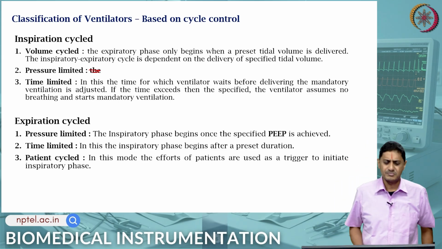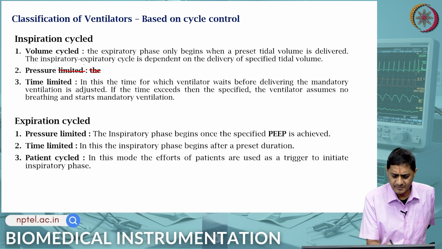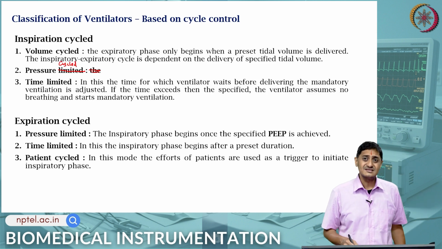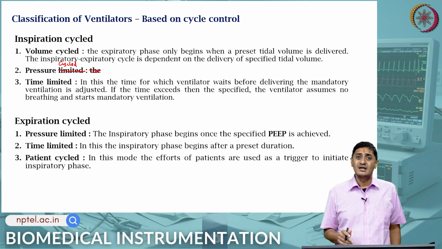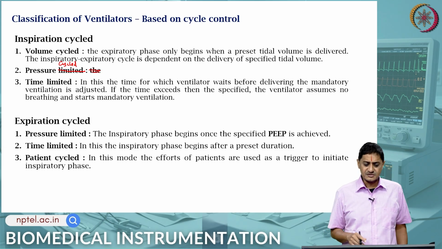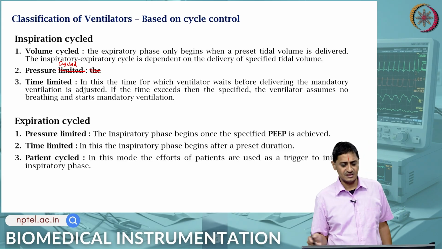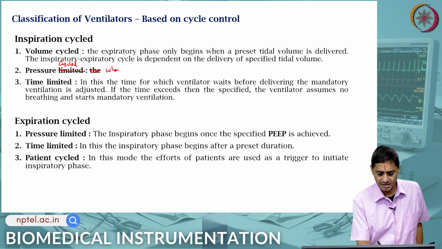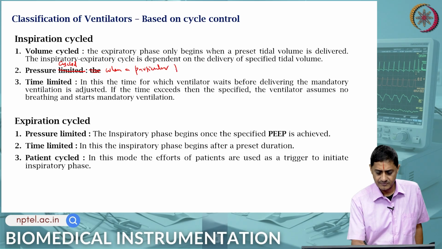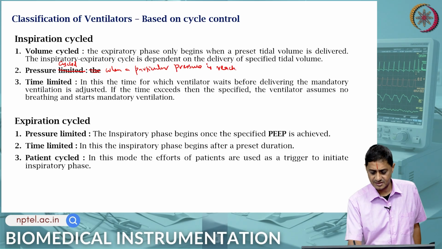The second is pressure, not limited, but rather pressure cycled, right. This is the situation in which the expiratory phase begins or the inspiratory phase ends when a particular pressure is reached, okay.